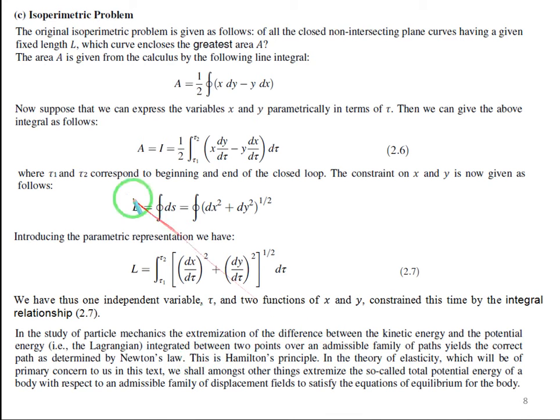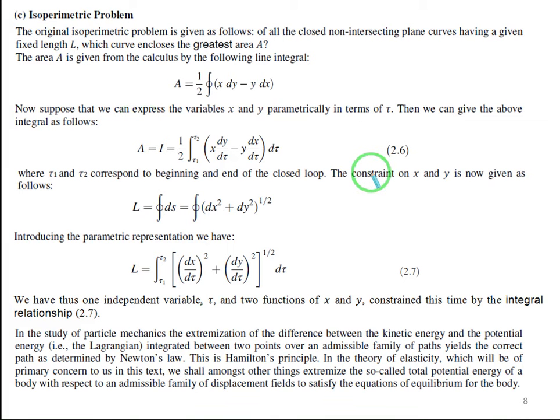Okay. And our last example is named the isoperimetric problem. The isoperimetric problem is a very common problem in mathematics.